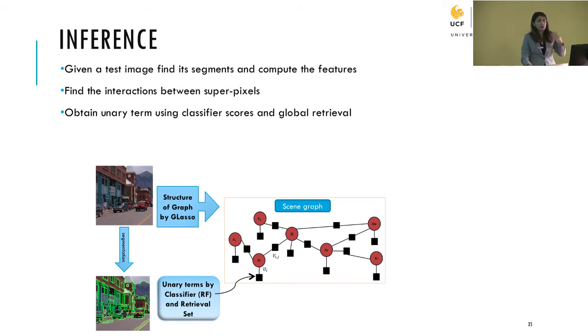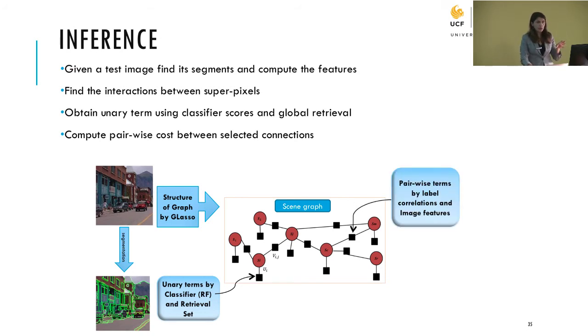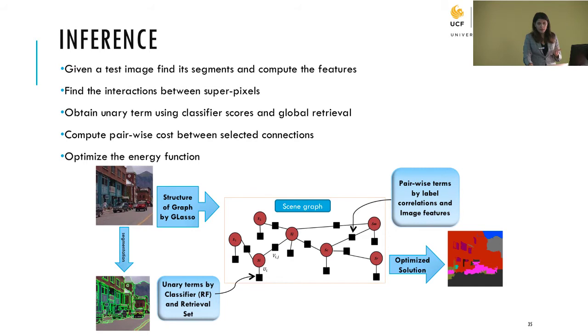And also we refine the local classifier scores by using the retrieval set found with the gist features. And we compute the pairwise cost between the connections. For the pairwise cost, we use the label graph that we found in training, in addition to some appearance features from the image. Then when we optimize this energy function, we can get the final result, which is a semantically segmented image.